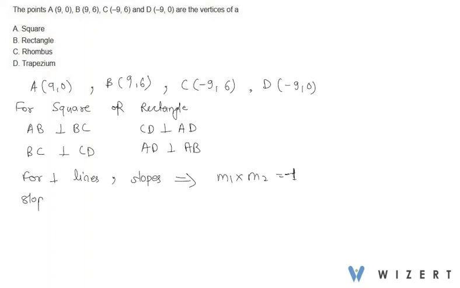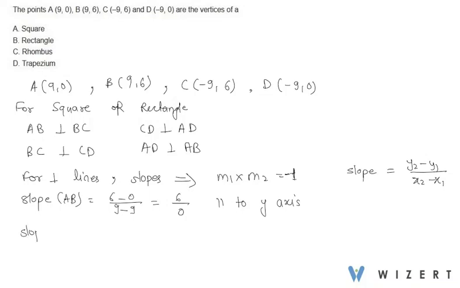The slope of any line formed by two points is found by (y2 minus y1) upon (x2 minus x1). So let's put in the values. For AB, it's (6 minus 0) divided by (9 minus 9). That means 6 divided by 0, so this is a line parallel to the y-axis.